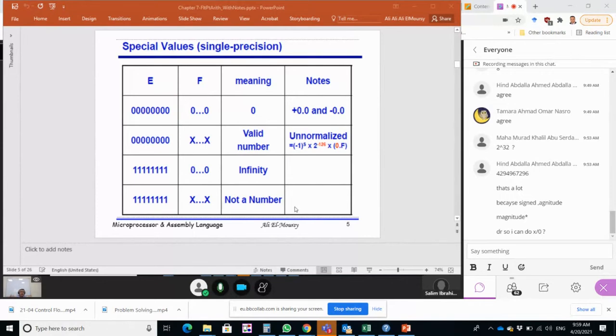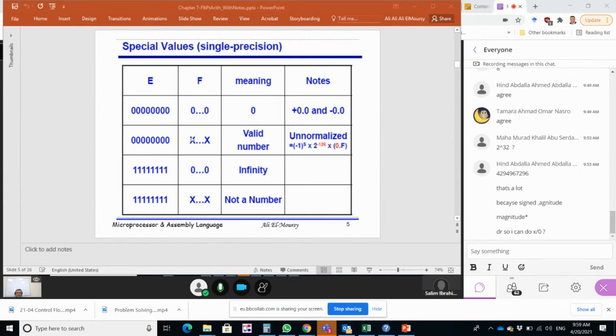Which are they? When the exponent is all ones and the fractional mantissa is anything except zeros, all of those I cannot convert back to decimal. They are meaningless to me. They are called not a number, NaN. Agree?